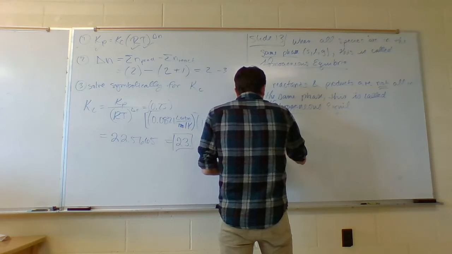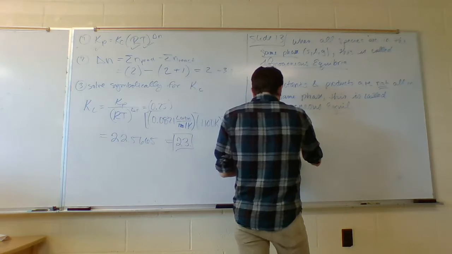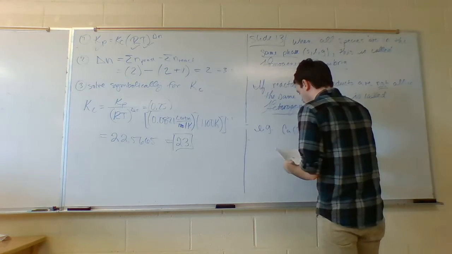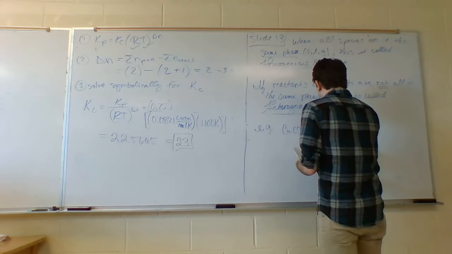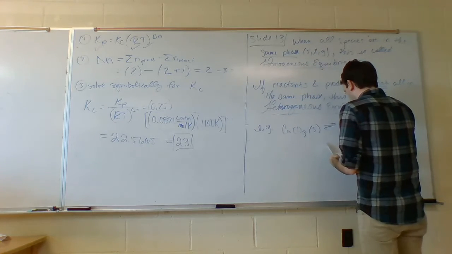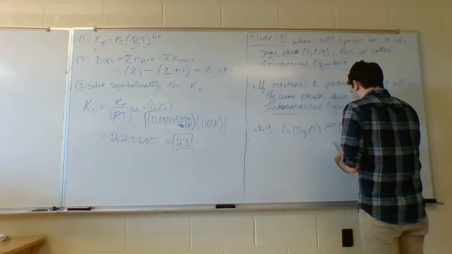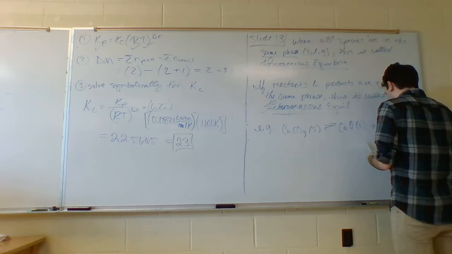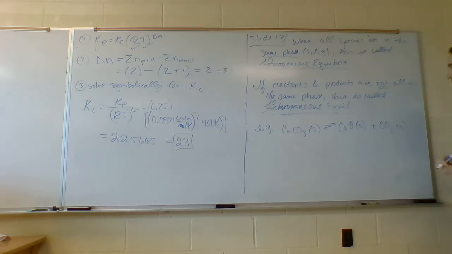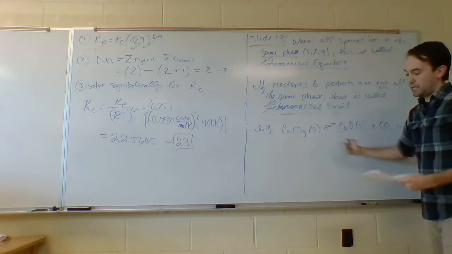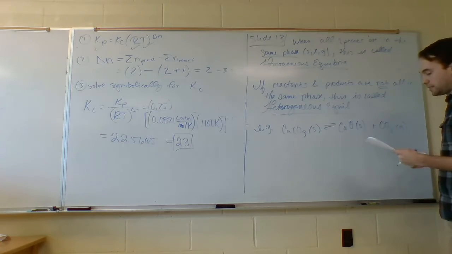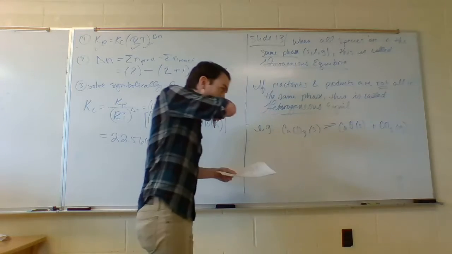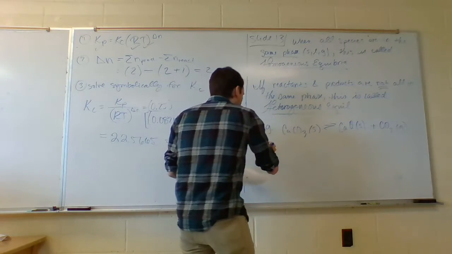Now, for example, we could have something like calcium carbonate, CaCO3 solid, and that could be in equilibrium with calcium oxide solid and carbon dioxide gas. Okay, now how do we write our equilibrium constant for this reaction? Well, we could think of it like this.